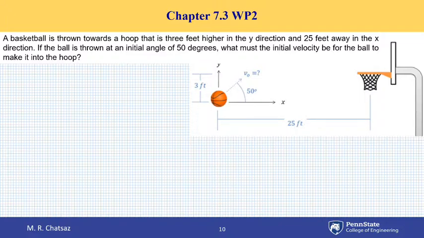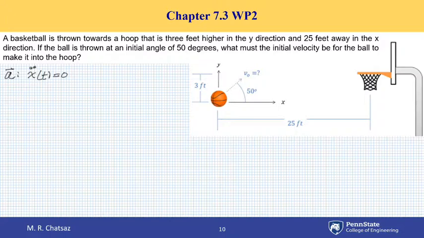So if I look at this curvilinear motion, I can consider it as two separate rectilinear motions in x and y direction. So let's write equations of motion and the knowns in x and y direction. As far as acceleration is concerned, in x direction, we know there is no acceleration, so I write x double dot of t equal to 0.